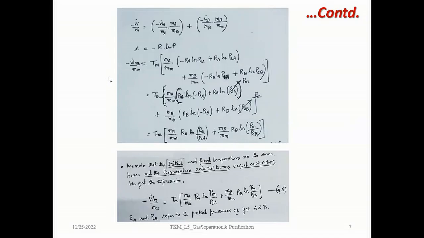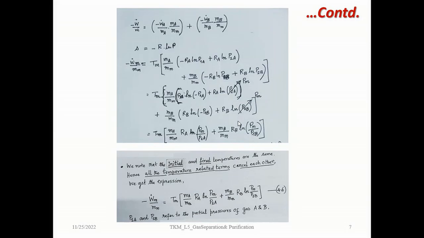Now, the terms P2A and P2B are nothing but PM, the total pressure. The gas is getting compressed, so it becomes the total pressure. Originally it starts with the partial pressure of the gas; after compression, it becomes the total pressure.